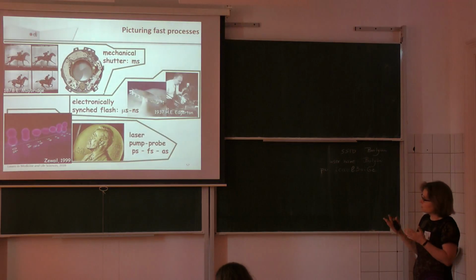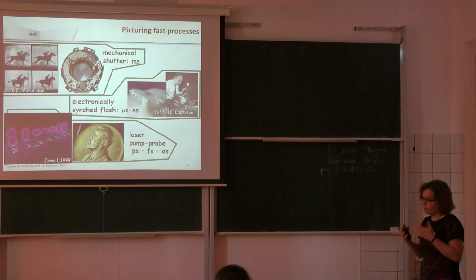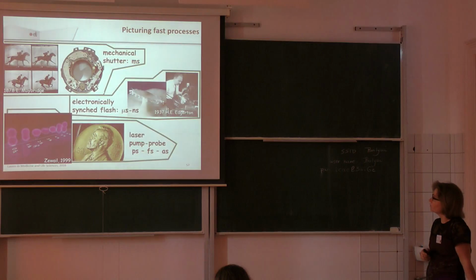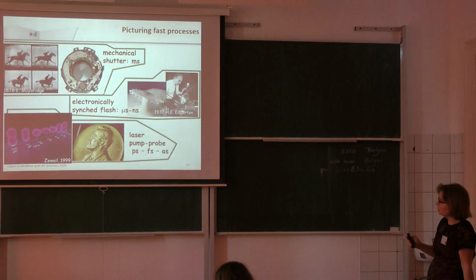So just an example of how we freeze the dynamics of a system. If you want to study a dynamical process, so motion, on the millisecond time scale, you can use mechanical shutters. Basically, this is the example that we keep using when we talk about studying dynamics.